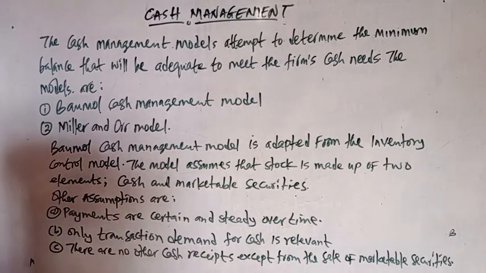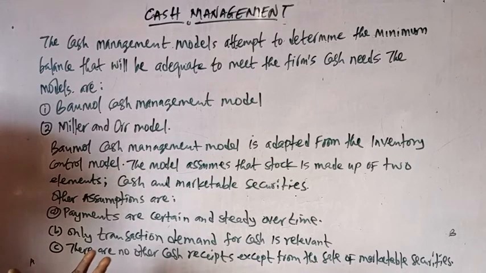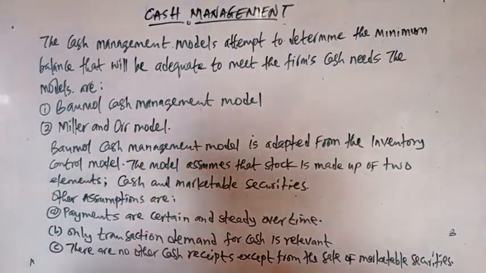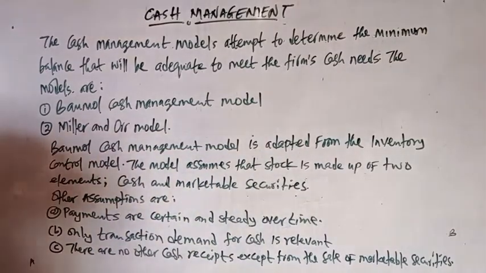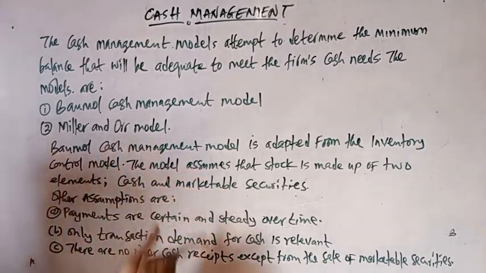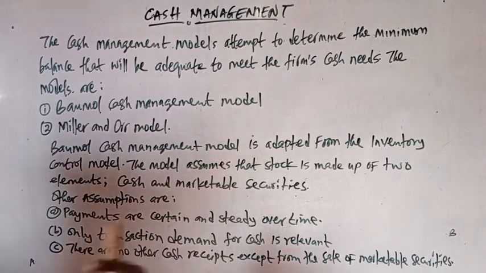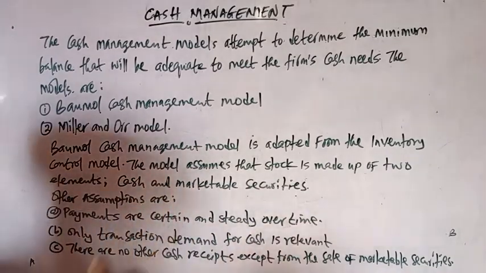Just like we have it under stock management. Stock management is just to determine the level of stock, the quantity of stock to carry at a particular period of time in order to minimize both ordering and carrying costs. Because we should not forget that our main objective in financial management is to maximize the wealth of the shareholders.